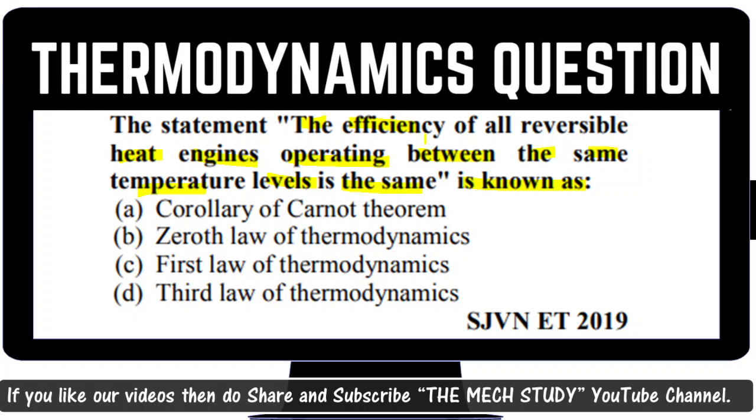They have asked which theorem you should consider. If you remember that the efficiency of all reversible heat engines operating between the same temperatures is the same, this is the corollary of Carnot's theorem. That is the right option. If you do not remember, try to memorize these types of theoretical questions. We do not have any other approach for these theoretical questions.